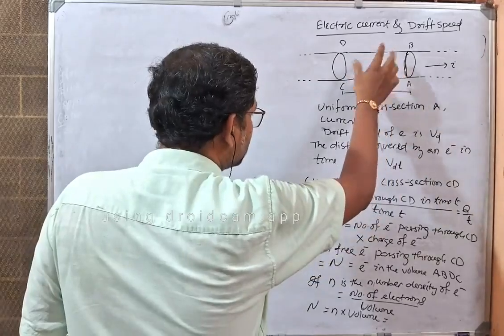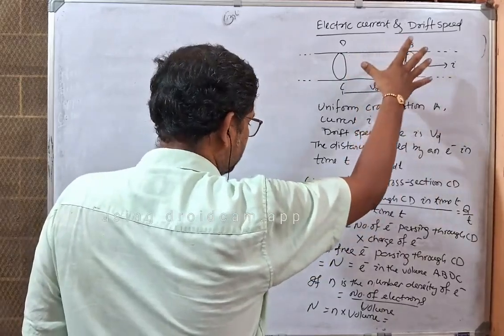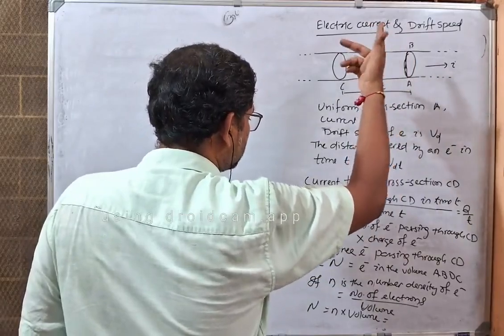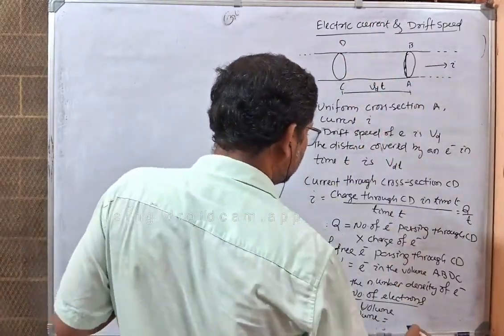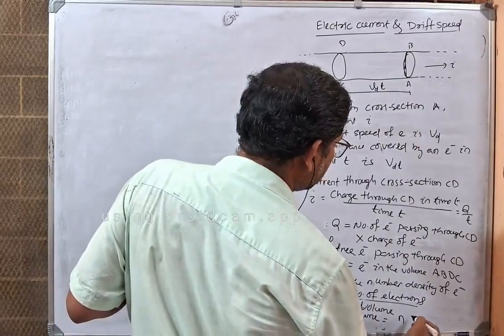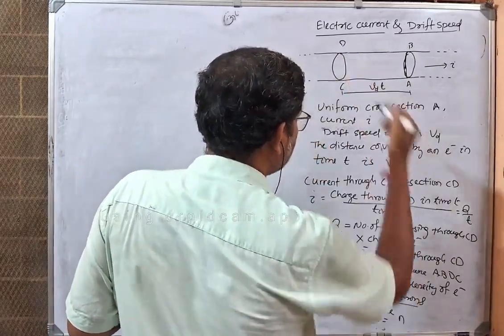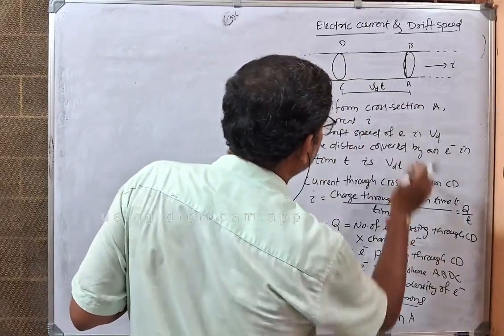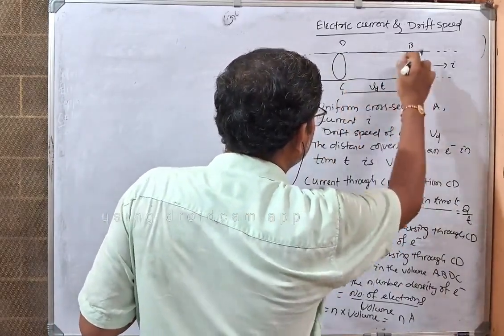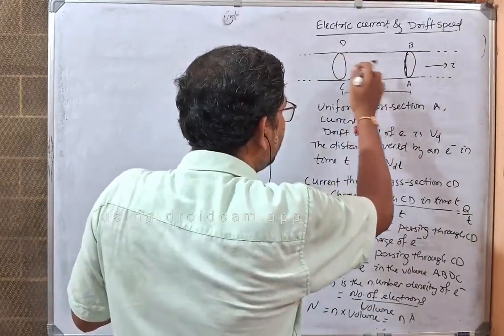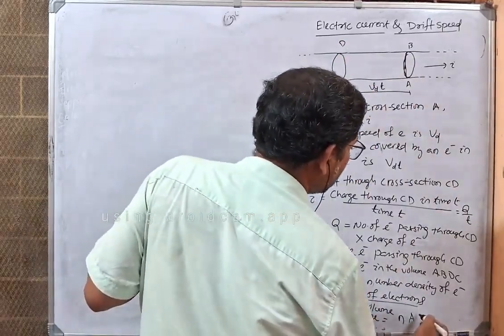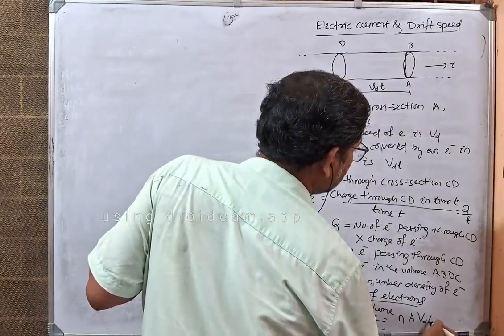So density into volume will give me the total number of electrons. So what is the volume of ABDC? Its face area is A. This is a cylinder. The volume of a cylinder is its area into length. Area is A, length is Vd t.